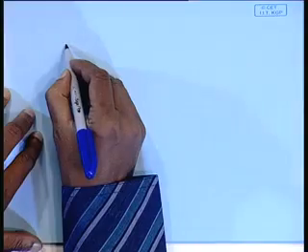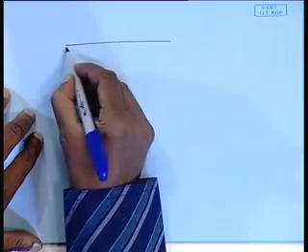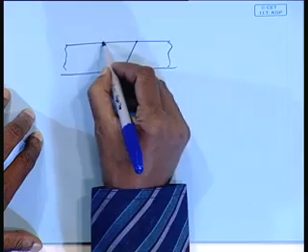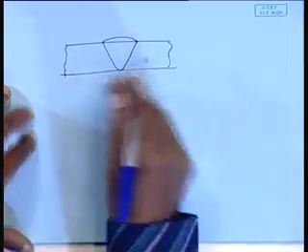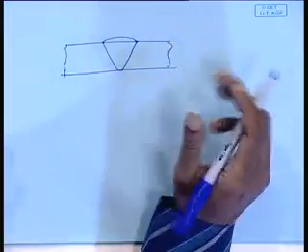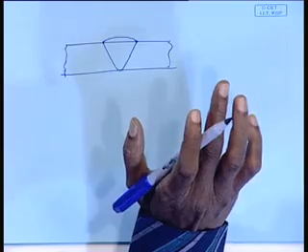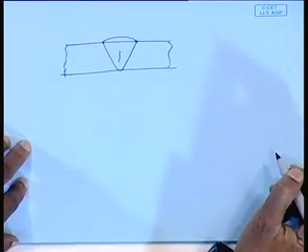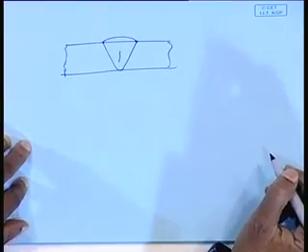In this case, what happens? When the welding has been done, from outside, both sides, top, bottom, everywhere, it looks absolutely perfect. That means nothing is visible, but there can be a crack inside, not visible.